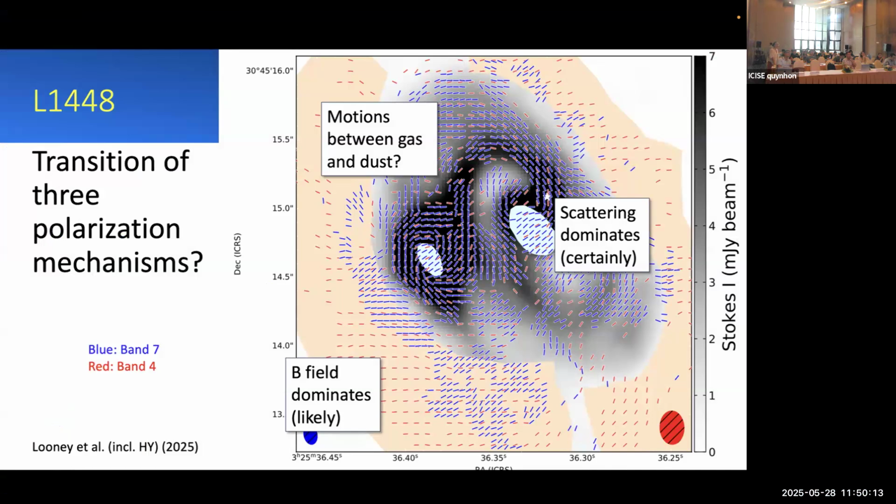Yeah, it's not necessarily a streamer. We are looking at the dust continuum, so I would say it's aligned with the density structure of filaments. I don't know, it may not even be the filaments you're talking about. I think in the paper, the explanation for that is alignment by mechanical flows, something like that.